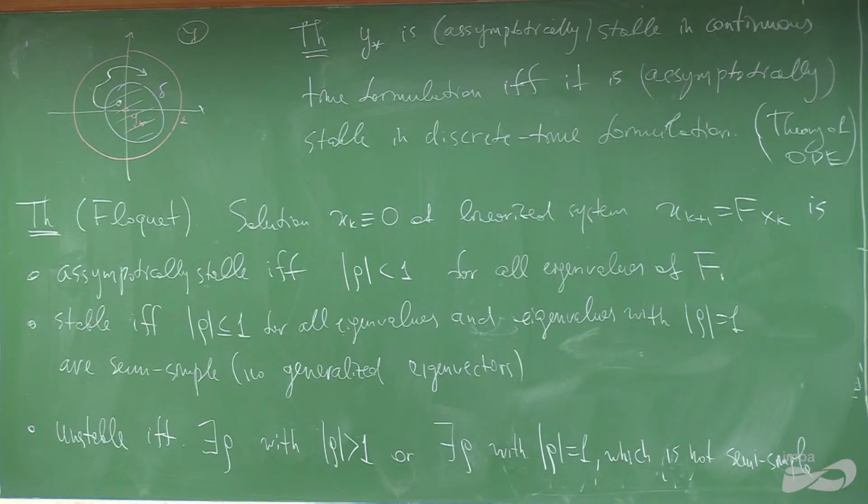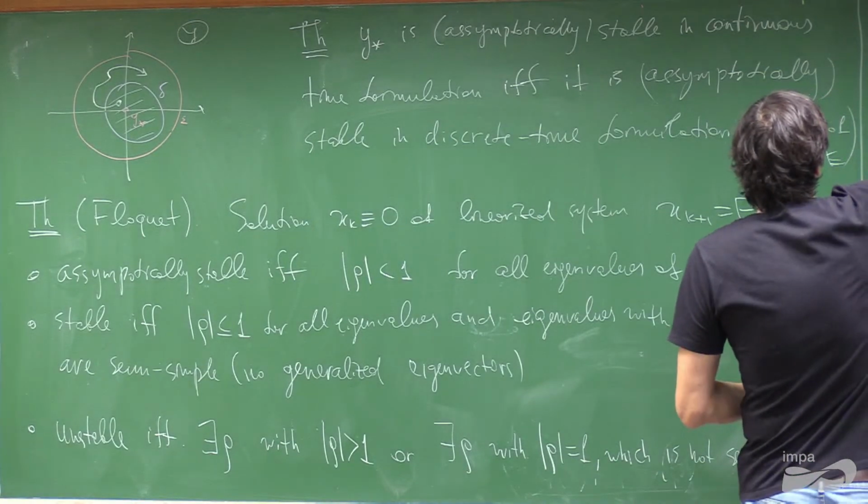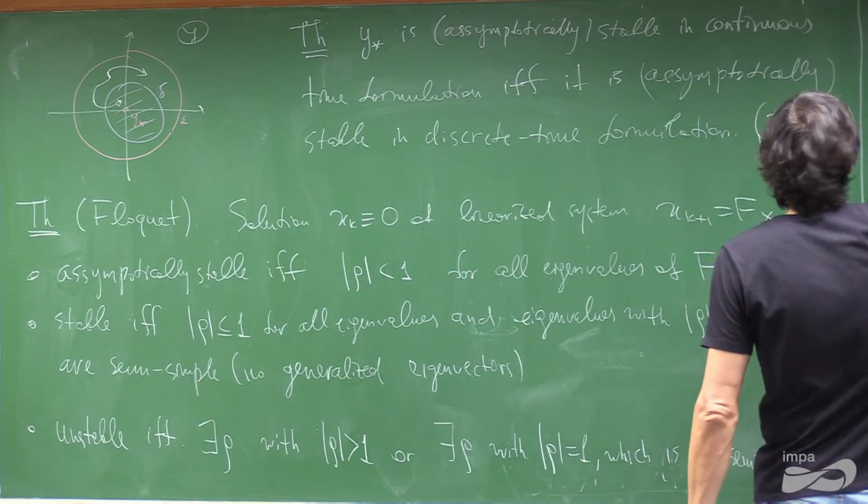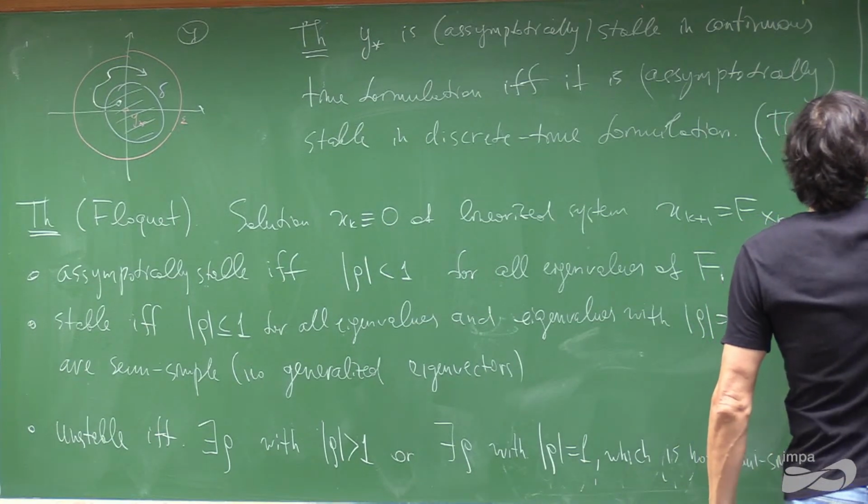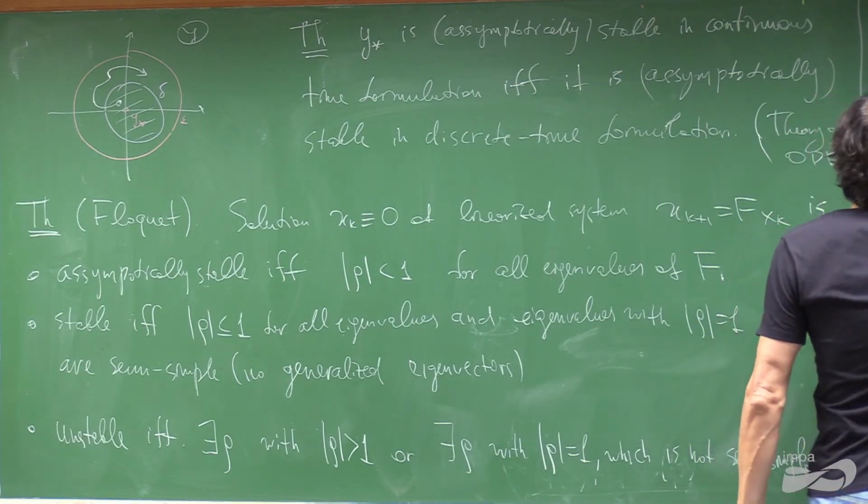The second theorem by Lyapunov is also a direct extension of the theorem that we had before, which relates stability of the linearized system to stability of the original system. So we know that whenever we obtain a linearized system, we neglected some terms. So it is not automatic that stability of the linearized system gives you stability of the full nonlinear system.